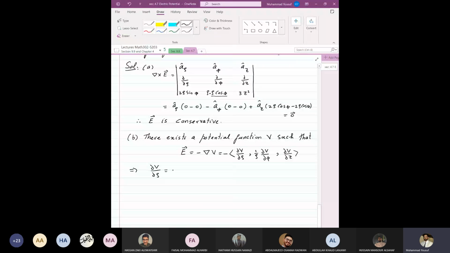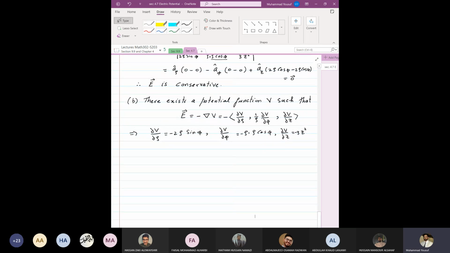So it is negative 2 rho sine phi, and partial V by partial phi, rho will be multiplied over there, so it will become rho multiplied by rho cosine phi, and partial V by partial z is equal to 3z squared. Of course, now we have a negative with them also. Integrate any one of them.